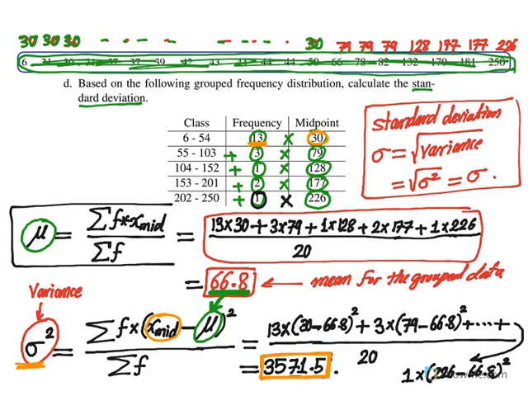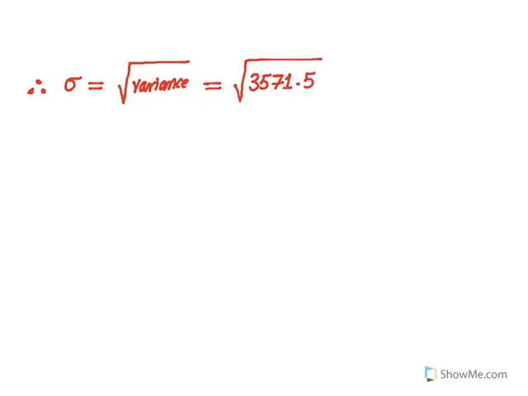Okay, but this was sigma square. To compute the standard deviation, which is sigma, we just take the square root of this number here. So I will do this on the next page. So you can say here, therefore, the standard deviation sigma is the square root of the variance that we just computed, which is the square root of 3,571.5, and this is approximately 59.8.